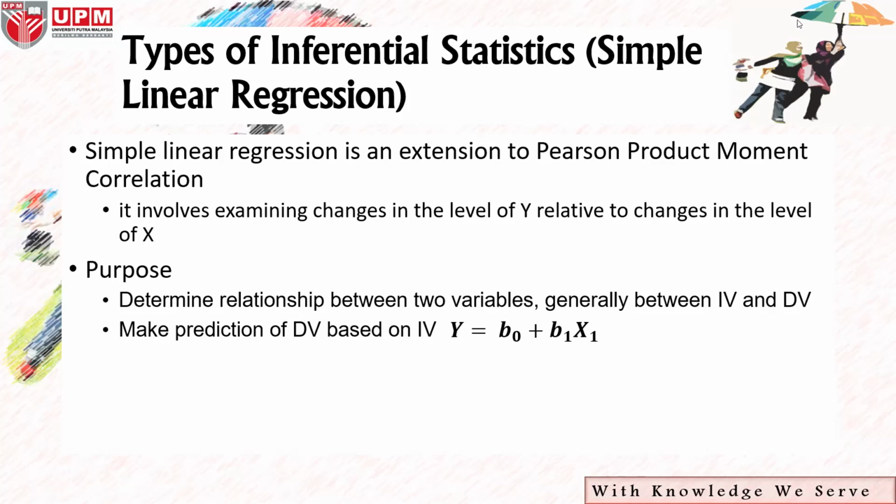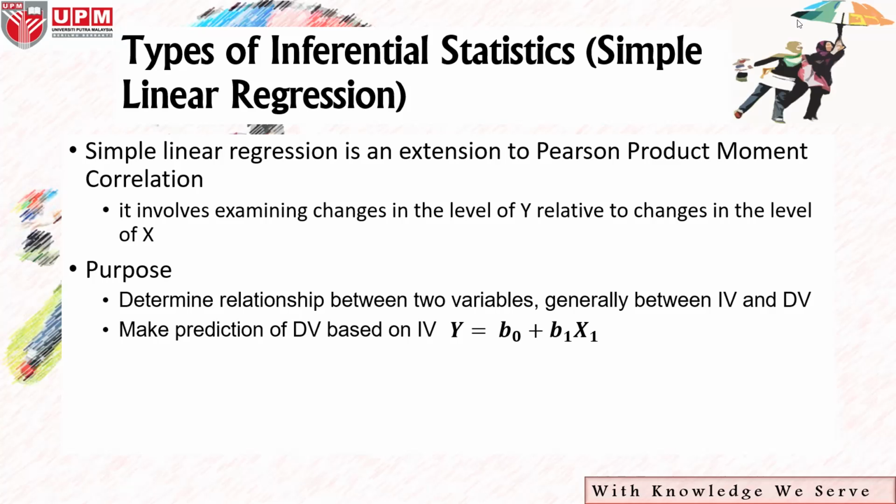Simple linear regression is an extension of Pearson product moment correlation. When you run simple linear regression, we can provide more explanation of our finding, rather than just explaining the association. Now we can determine the flow of the influence, the flow of the relationship.